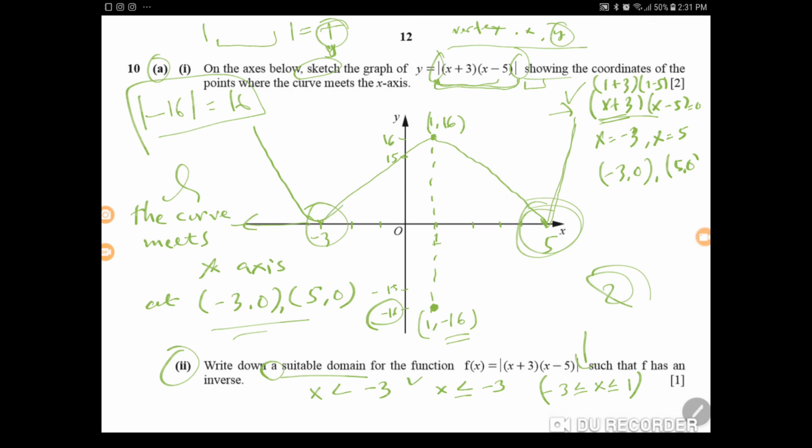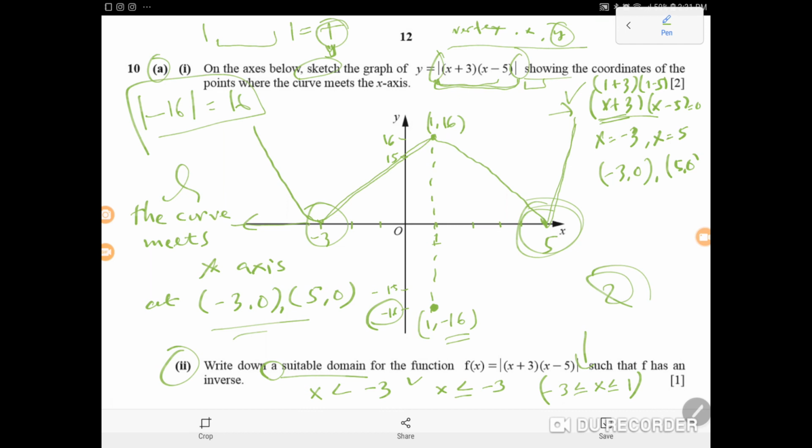If you test it using a horizontal line test, it will just cut once. So you put in one x, you get one y. You will never put in one x and get two y's, alright? That's the definition of a one-to-one function.